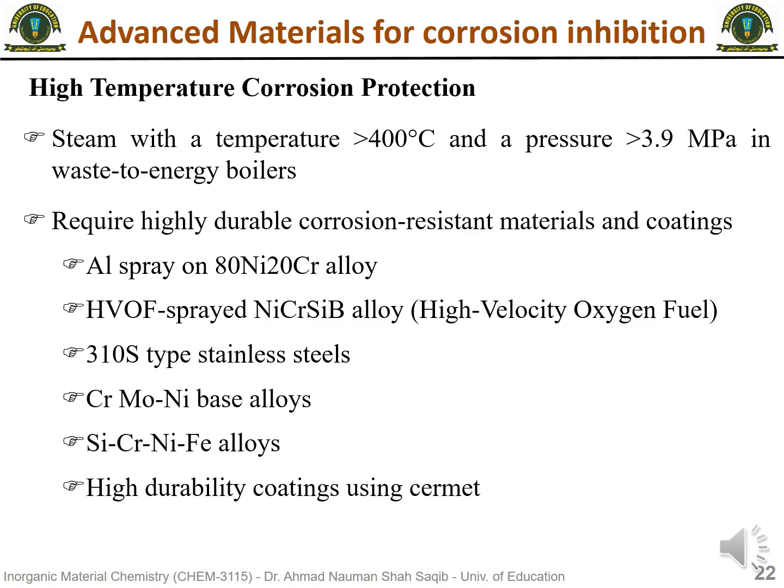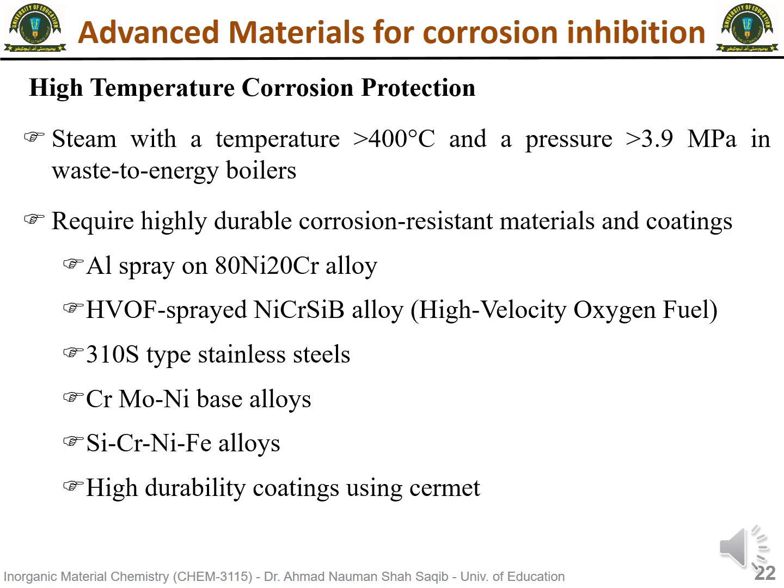Cermet is basically a coined term used for metal and ceramic. So Cer is for ceramic and MET is for metal. These are composite materials made from ceramics and metals, which have a very high resistance to corrosion, and their coating is used on metal surfaces in very high temperature environments.